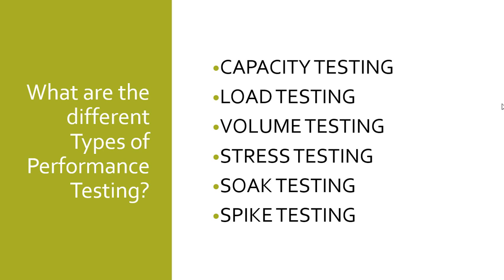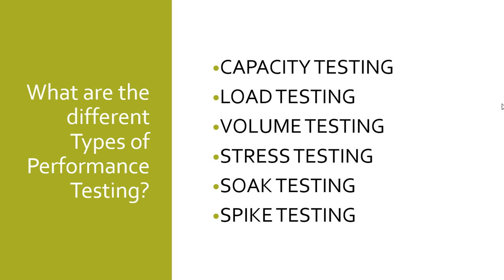Now the spike testing. Spike testing is to determine the behavior of the system under a sudden increase of load. Suppose there is a spike of user load. For example, consider IRCTC. Whenever there is Tatkal booking timing, you can notice that the number of users increases and the website stops performing well. We have another example as well.